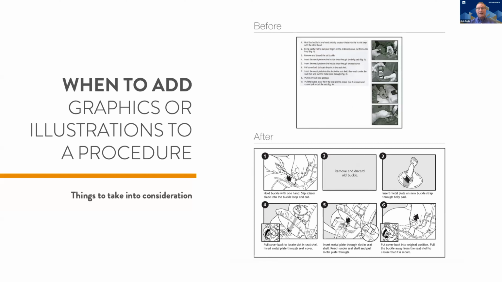Other things to take into consideration is breaking things down into digestible bits, not showing too much in a visual, or making sure that you've got things in a really clear sequence to follow. The top instruction is a before example for a child safety seat. There's a bunch of research out there from the National Highway Transportation Safety Administration on how frequently people are installing or using these child safety seats incorrectly.